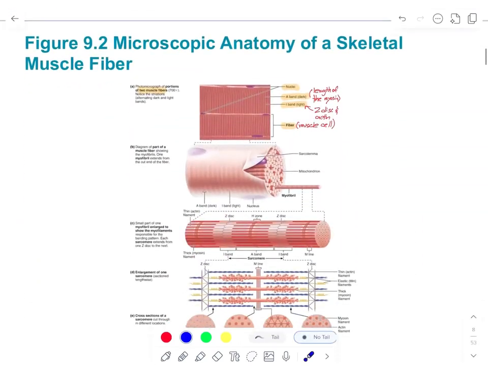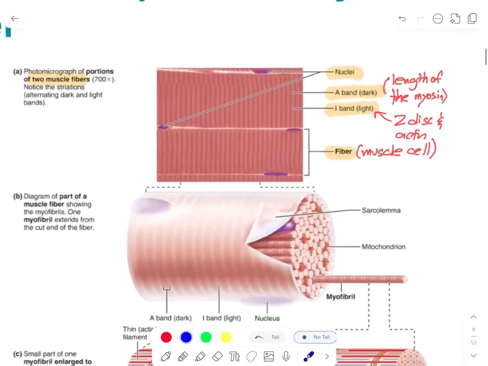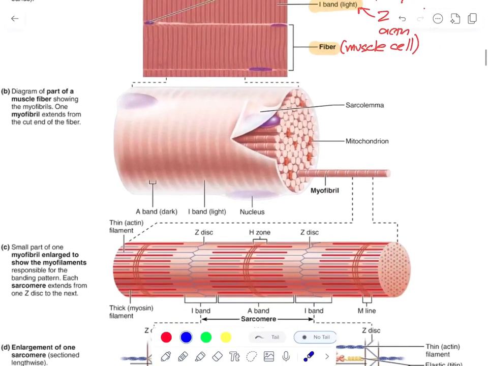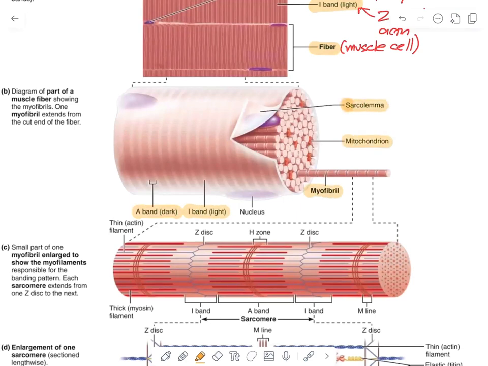So the next part of this slide shows us the diagram of the muscle fiber, which we've seen a little bit of before, but this is in a little more detail. We see the A band, the dark band, the I band, the light band, the myofibril, mitochondria, and the sarcolemma. Remember, the sarcolemma is the plasma membrane.